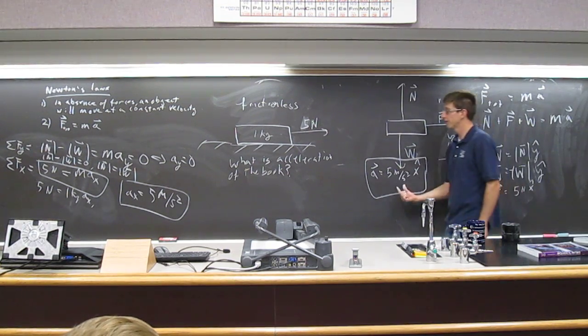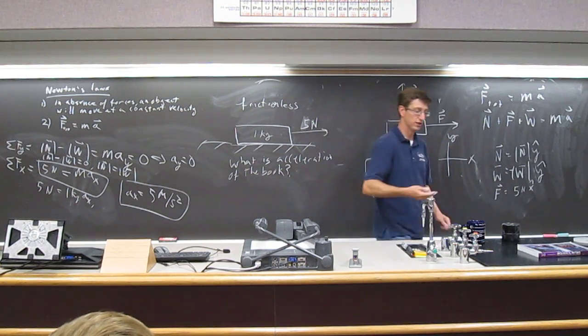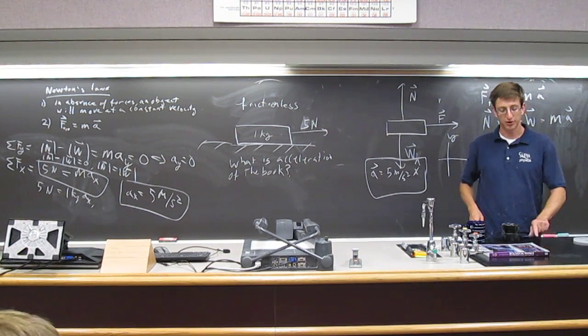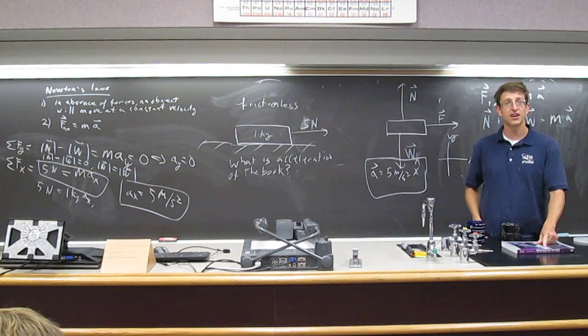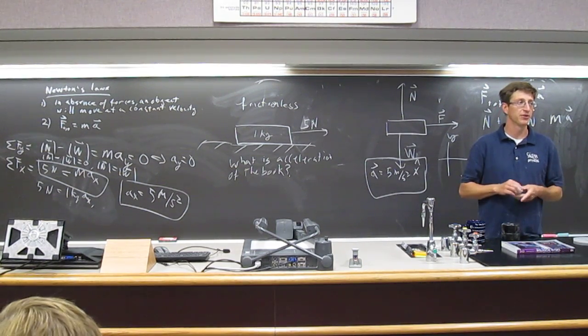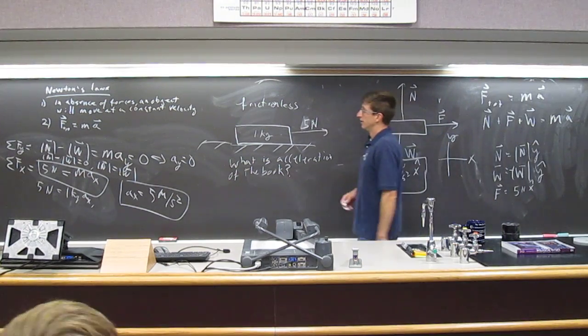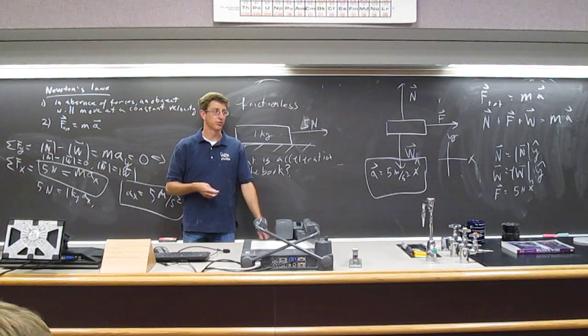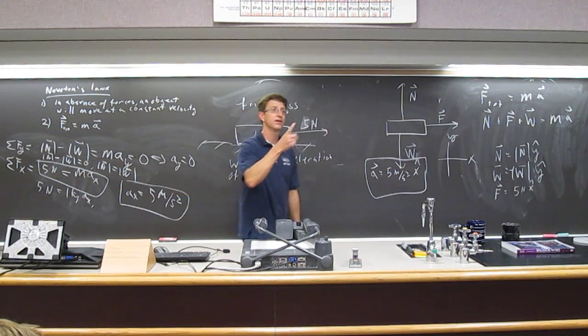There's only acceleration in the x direction if I'm pushing it like that. Since it's sitting on a table, there's clearly no acceleration in the y direction. And that's because the normal force balances the weight force.